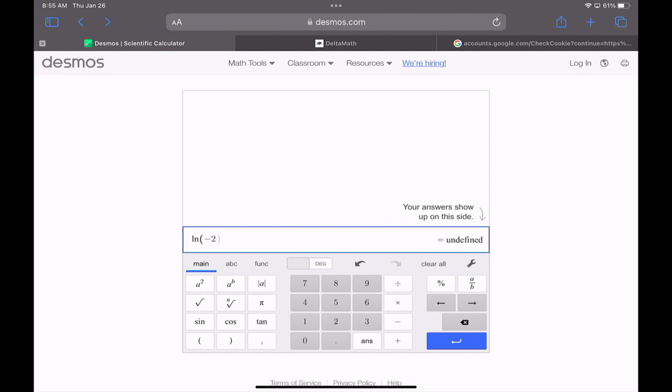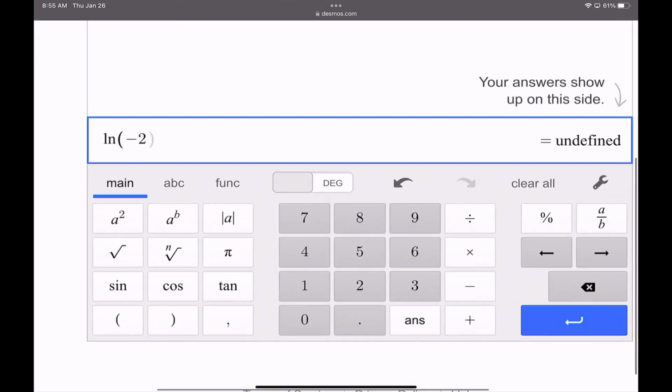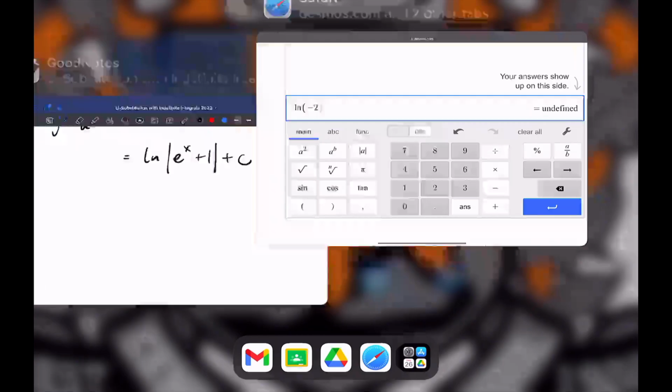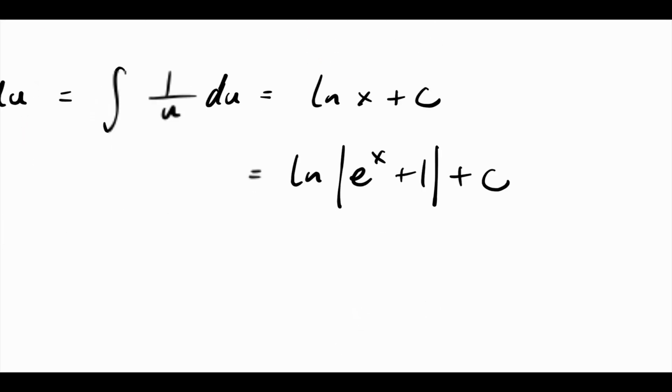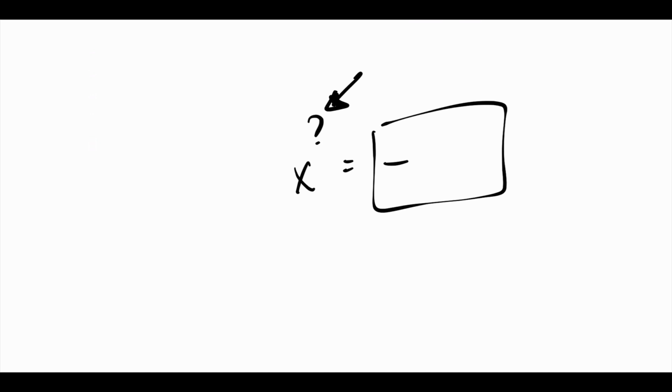What power gives me a negative number? What number can I plug in there that would give me a negative number? Doesn't exist. That's not what powers do.